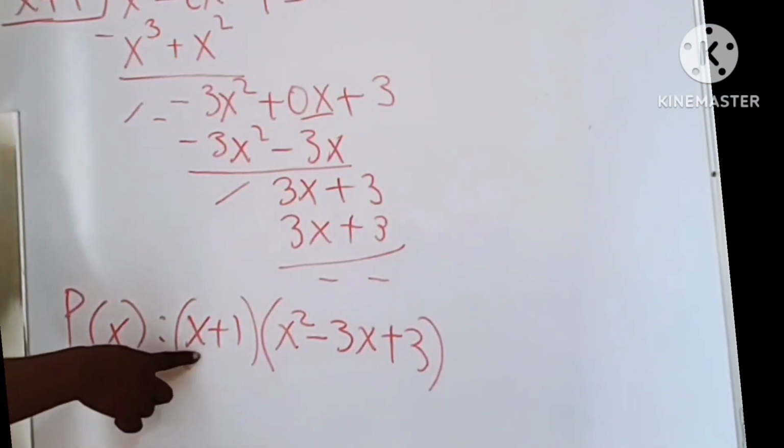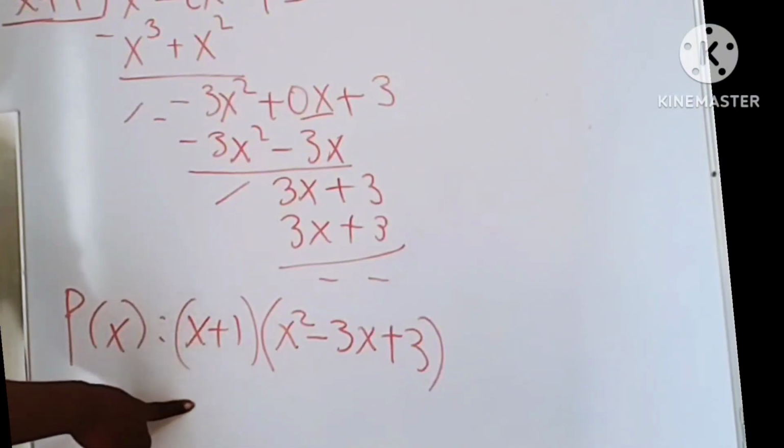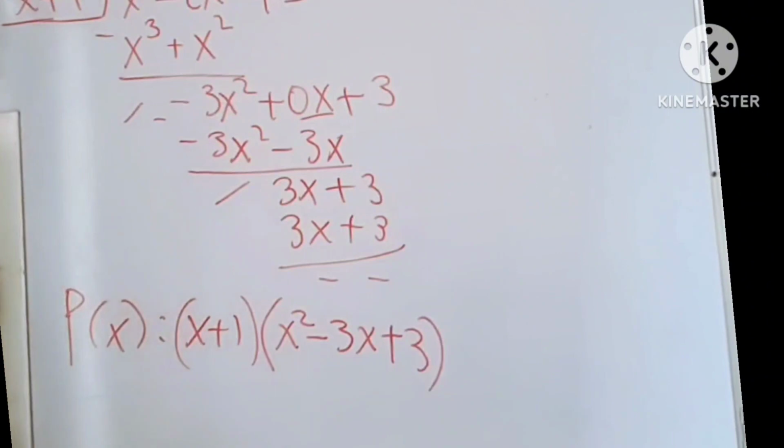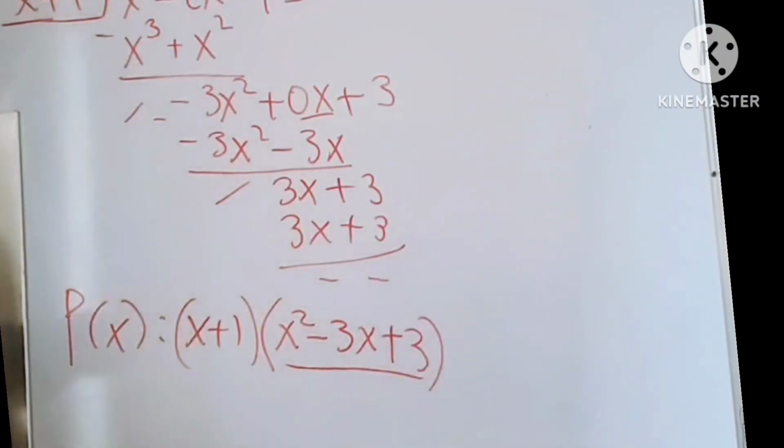Because if we take x plus 1 equal to 0, x will be equal to -1, and it's a real number. Yes, so we are now going to check whether the roots of this equation are real, so that we can prove that P of X has no other real root apart from x plus 1.